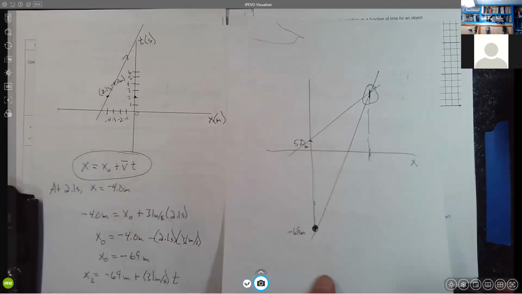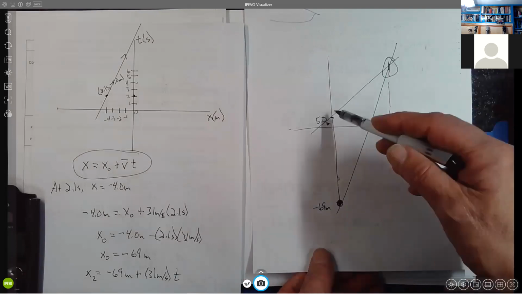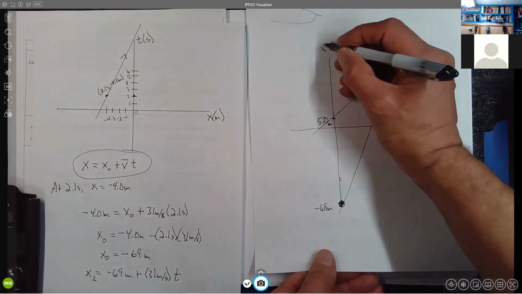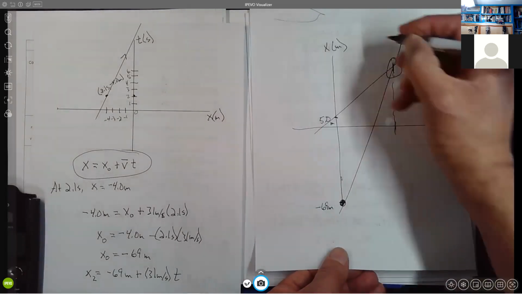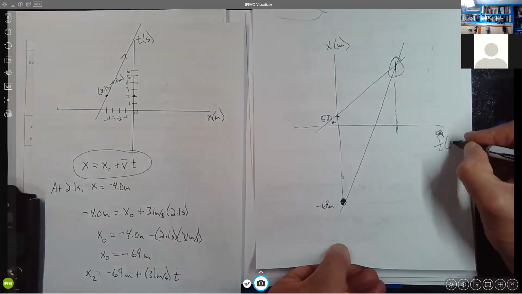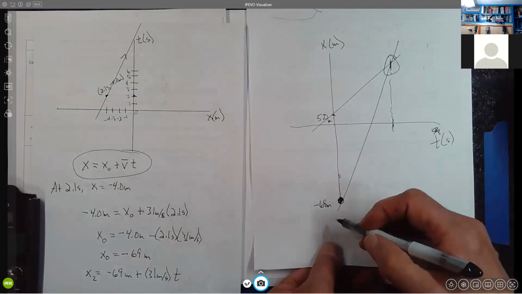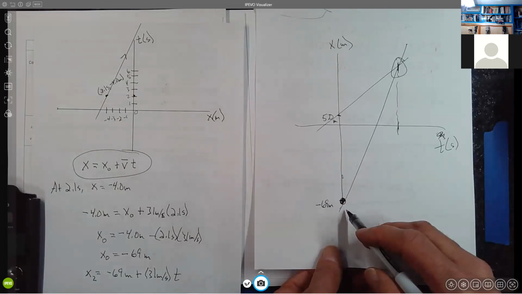And this is a really rough sketch, but it's the graph of the first car's motion. This would be x in meters and t in seconds. And so there's what the first car is doing. The second car is traveling faster, but it starts from a long ways behind the first.